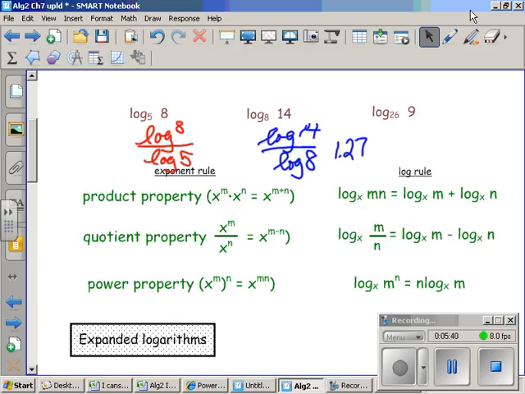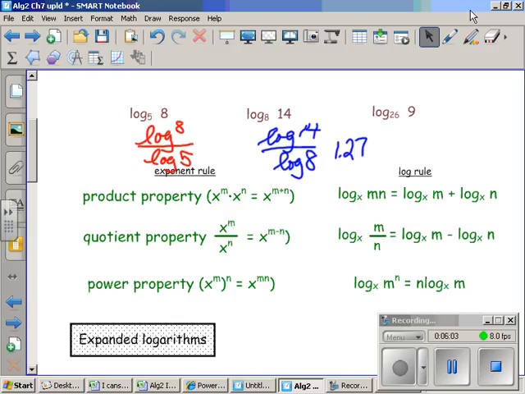Because logs are exponents, they have the same rules. If you remember our product property, if I multiply two powers, you add exponents. Well, if I'm multiplying two logs, I can break them up and add them together.